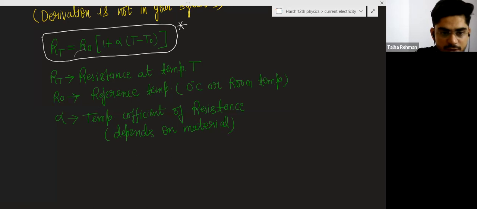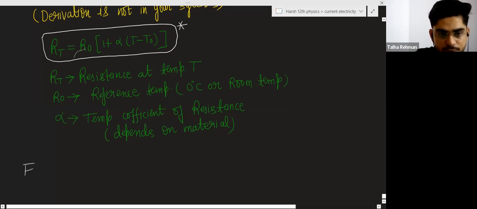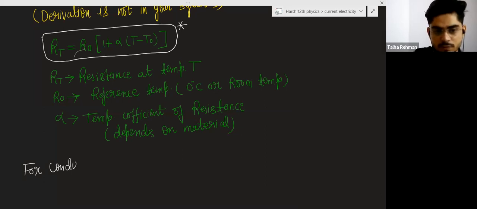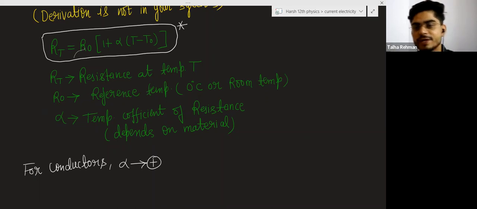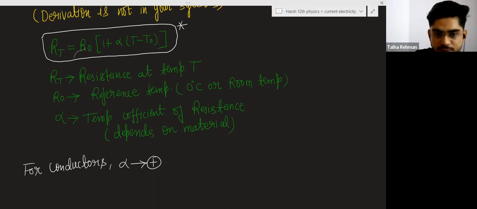So for conductors, alpha is positive. The value of alpha is positive and large.